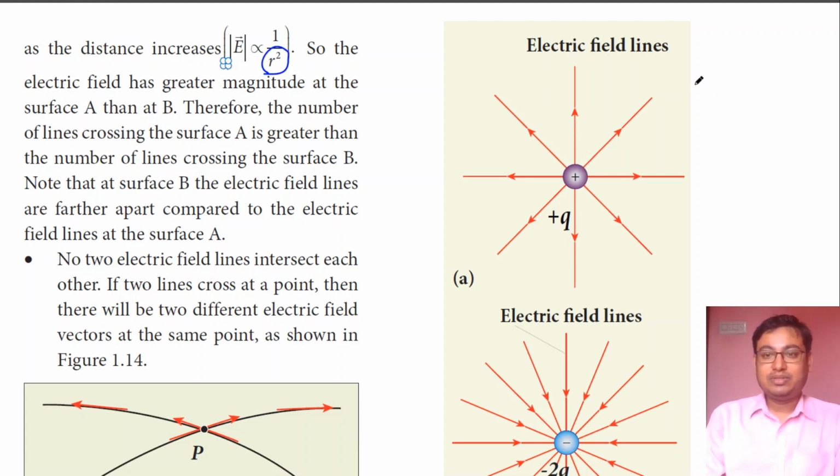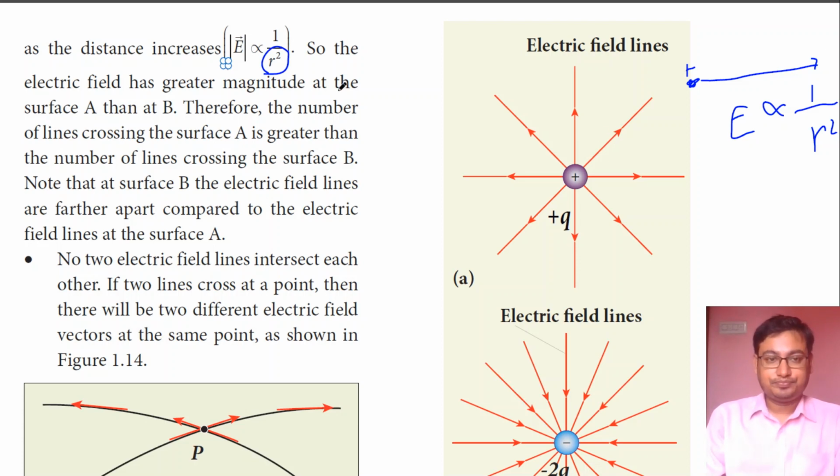That means if we have a positive point charge here and we move away from it, the electric field will decrease, inversely proportional to the square of the distance.